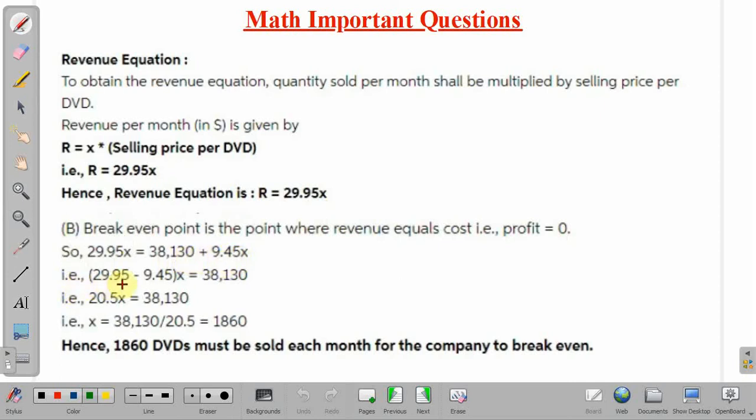Taking x on one side and the constant on the other, we get (29.95 minus 9.45)x equal to 38,130, which is 20.5x equal to 38,130, and x is 1860. Hence 1860 DVDs must be sold each month for the company to break even. If the company sells more than 1860 DVDs, it will be in profit, and if it sells less than 1860, the company will make a loss.